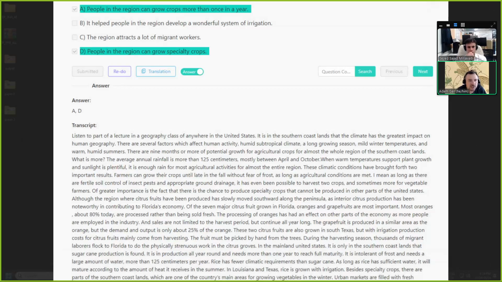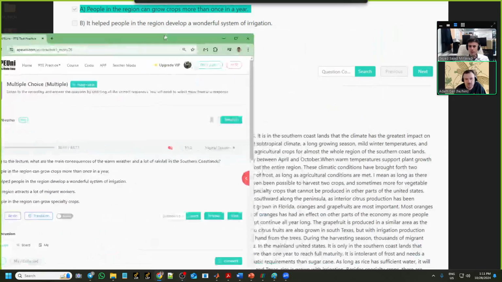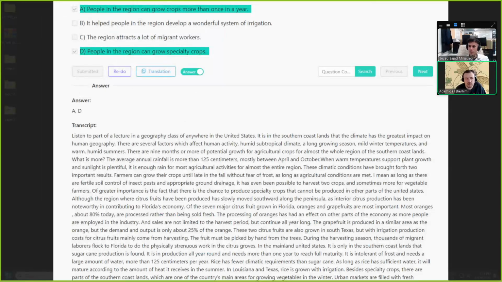So that's not a cause. It depends what the question is, actually. Which one of them is mentioned in the text? Is it just which one is mentioned? Because it's saying that migrant workers are needed. It's not saying that they're attracted there. It's a consequence of the warm weather and a lot of rainfall in the southern coastlands. Okay, so it's about those geographical conditions, climate, weather, and rainfall.